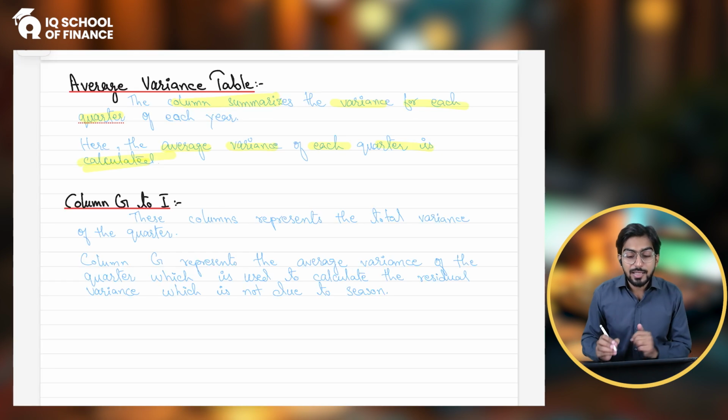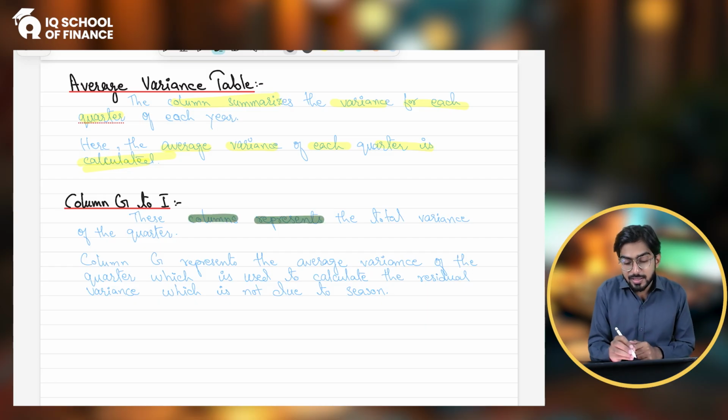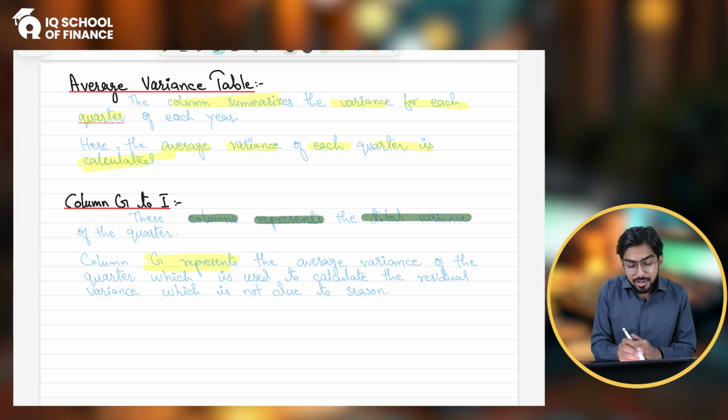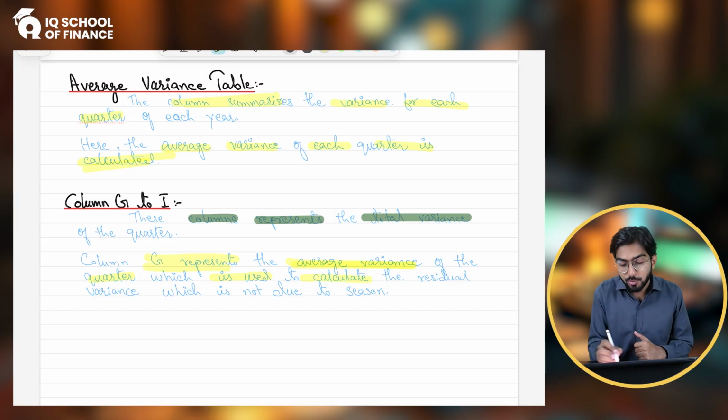Now see the last narration, columns G to I, which we just talked about: the season, residual and the total. These columns represent the total variance of the quarter. Column I is the total variance. Column G represents the average variance of the quarter, which is used to calculate the residual variance that is not due to the season.